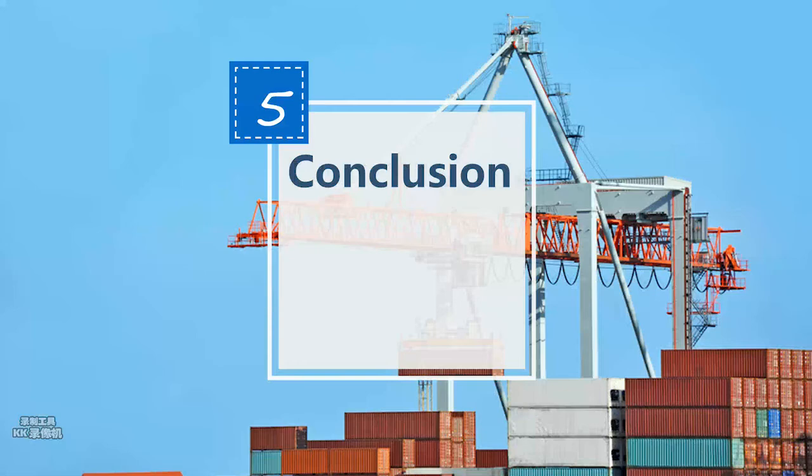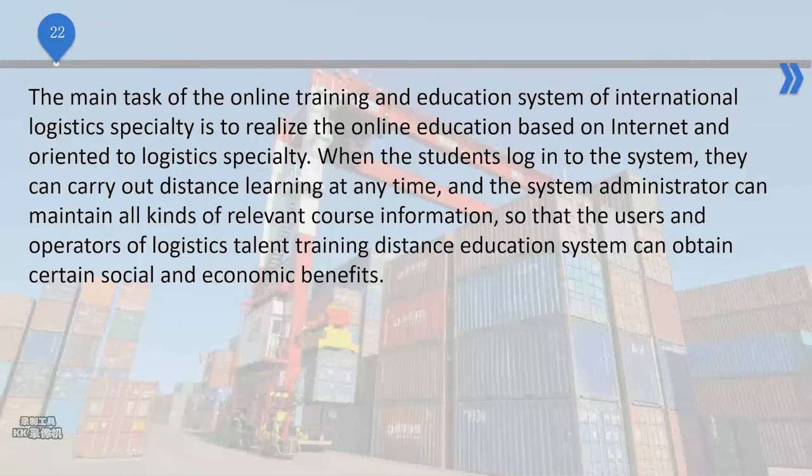Conclusion. The main task of the online training and education system of international logistics specialty is to realize online education based on the internet and oriented to the logistics specialty.